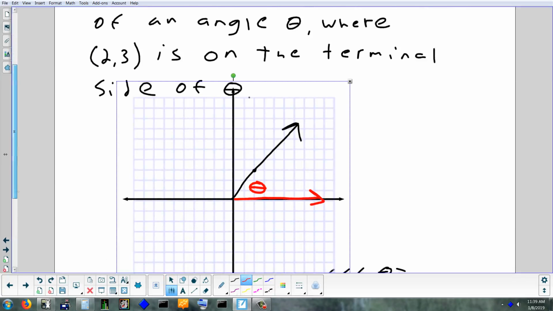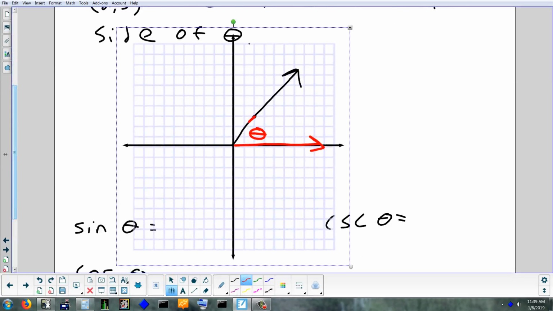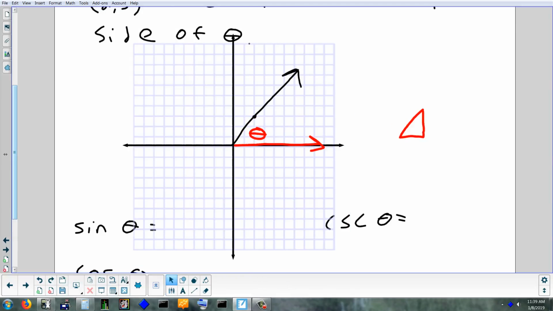Okay, so let's take this and go like this. I basically just made a triangle. I'm moving it off to the side so I have more room to draw it. There's theta right there. How long is the bottom side in that triangle?